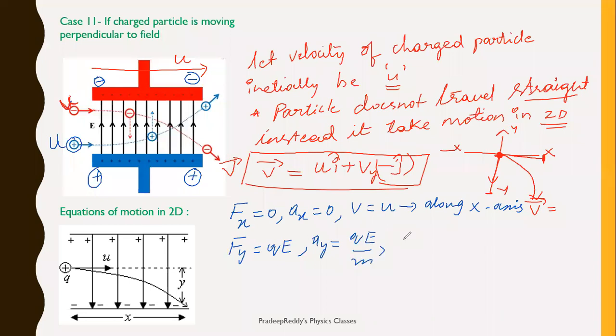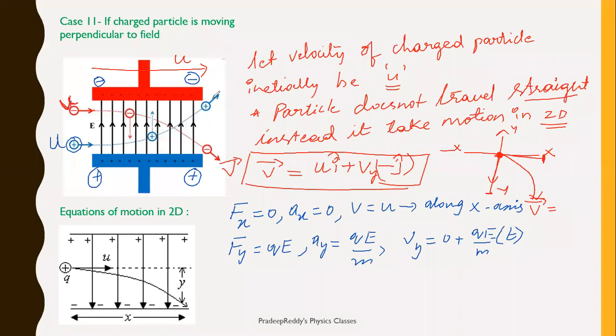Now the final velocity along the y direction is the initial velocity along y, which is 0, plus the acceleration qE divided by m into t. Whatever time after which you are calculating the velocity, you substitute that time in this equation to get the final velocity.